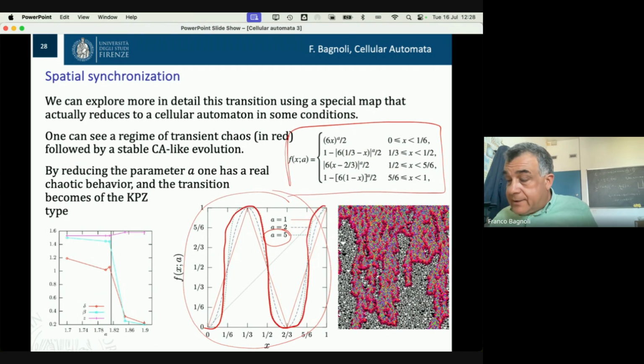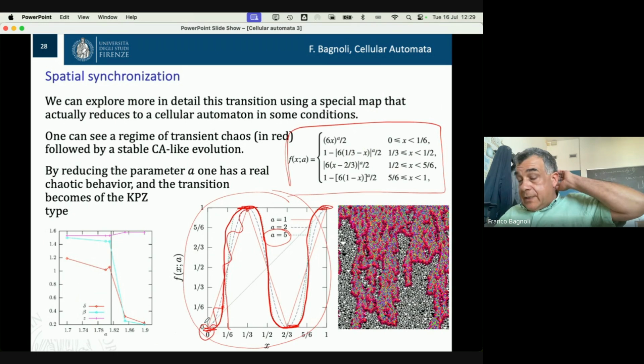And actually, this is a stable map because these zero slopes make the system, if it is near here, go quickly here. If you start from here, you go quickly here, and you stay there, and so on. So essentially, locally, it goes either to 0 or to 1.